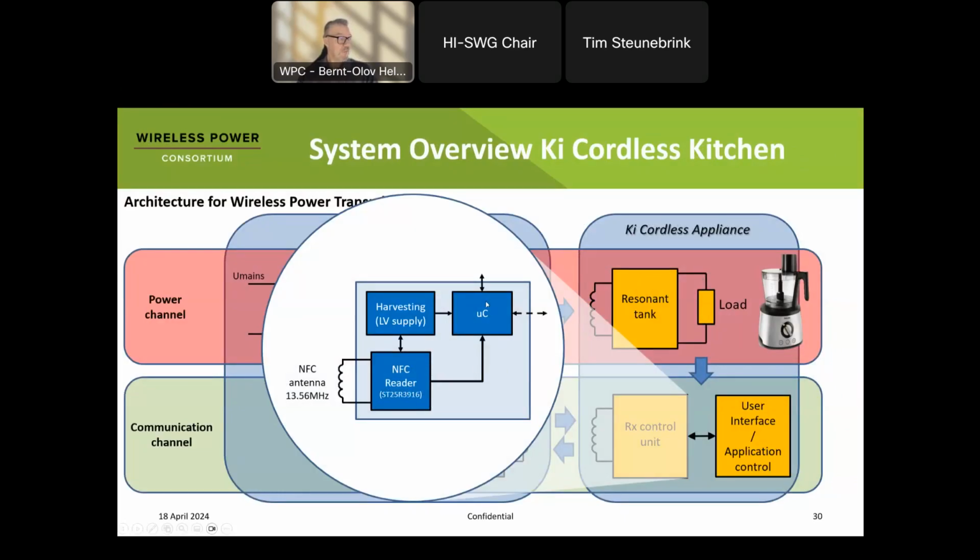You have the microcontroller plus the NFC reader. The NFC reader has double functionality. As I said before, it's harvesting the power. We added that as a separate block. It's also doing the communication and authentication.